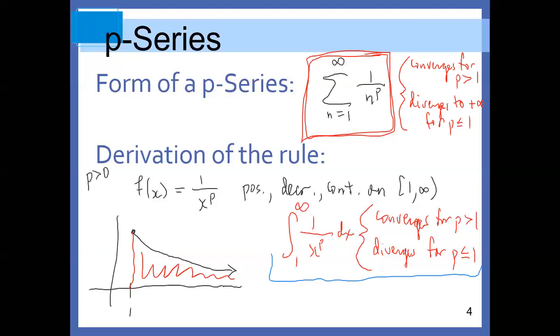Okay? These two things behave exactly the same, and that's because of the integral test, the integral test for convergence.